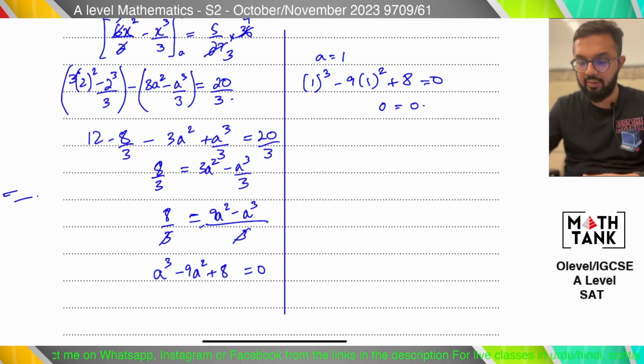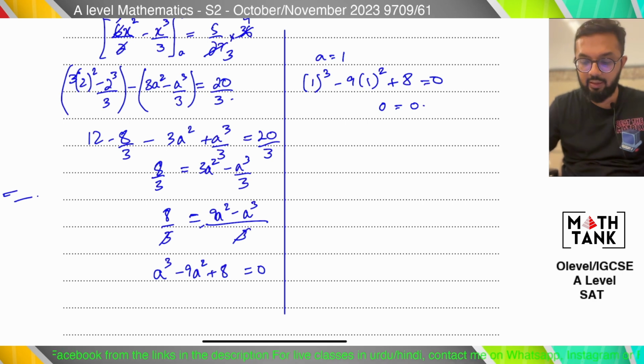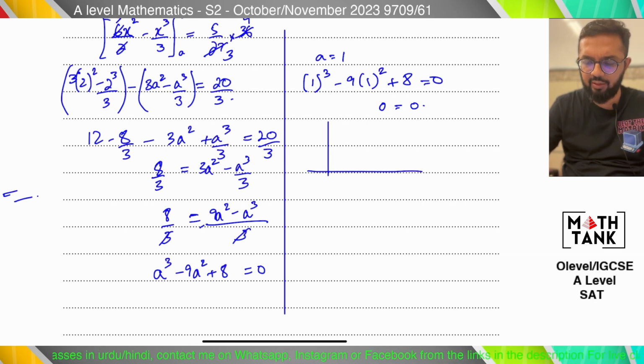How do I factorize this expression? I can use long division, I can use other methods and come up with a number. So I think I'm going to do the synthetic division. I find that the easiest to do. I'm going to put out 1 here, 1, minus 9, 0, and 8. So 1 travels down as it is, then it goes up with 1.